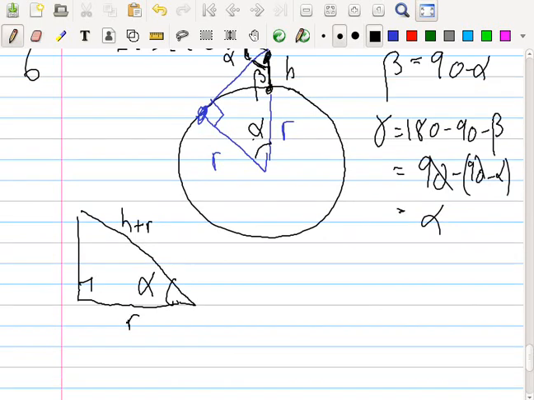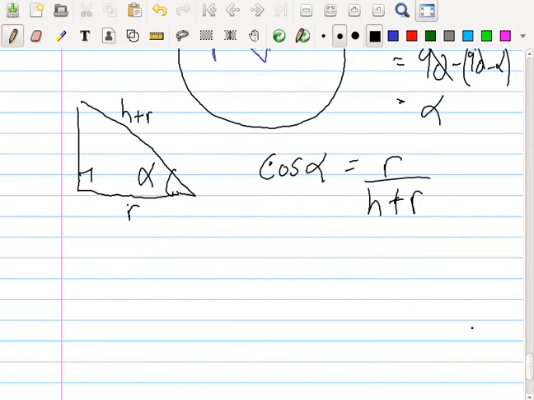So what could I use here? Cos. So cos alpha equals R over H plus R. Now, let's not forget, what am I looking for? R. So I need to rearrange this.